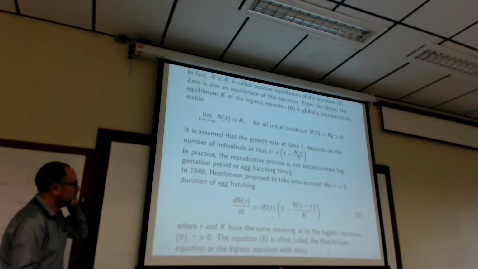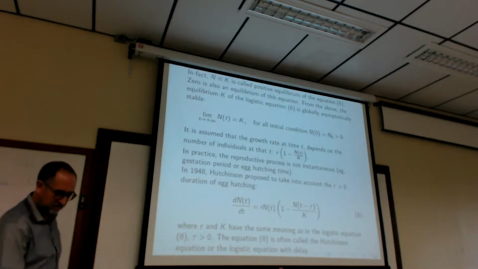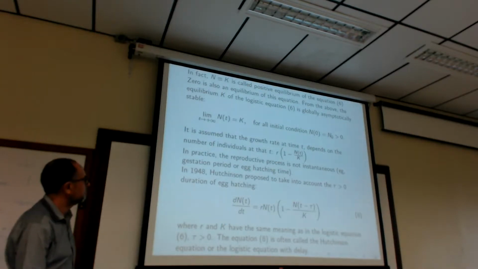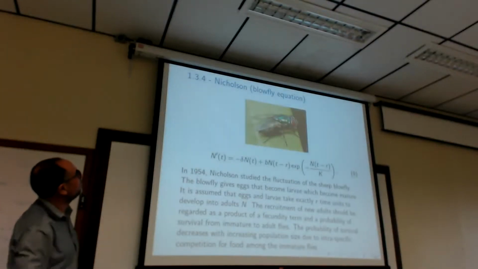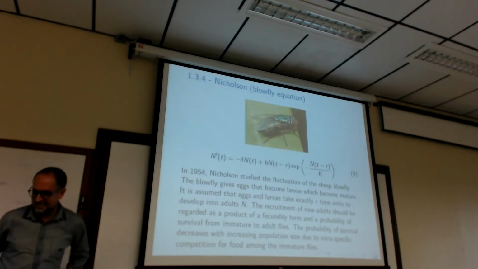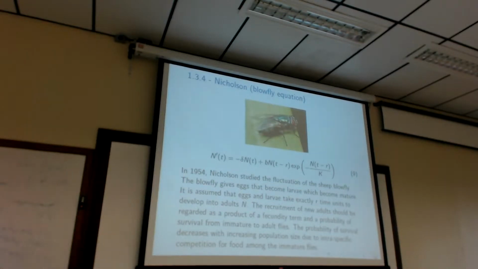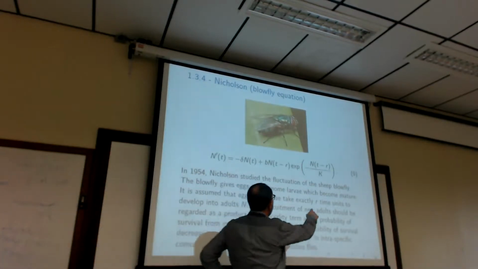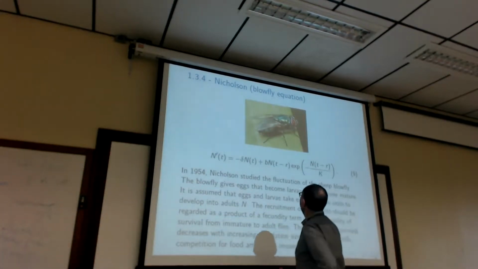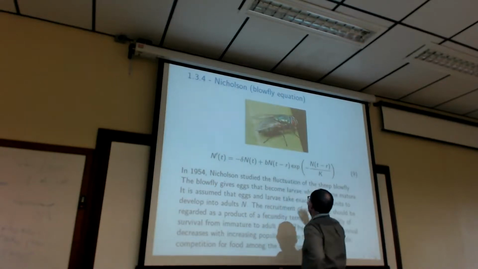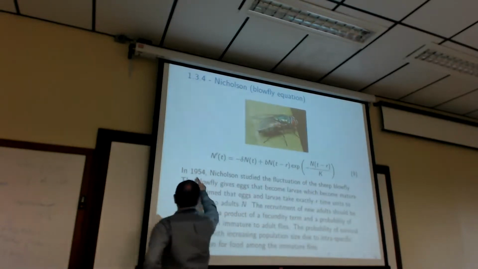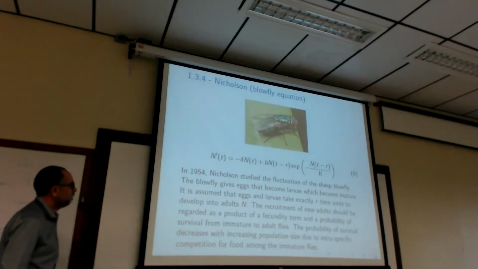And this is also a nonlinear one. This is also a very famous model, the Nicholson blowfly model. It is the same explanation by adding a delay, both here and here. It was in 1954.